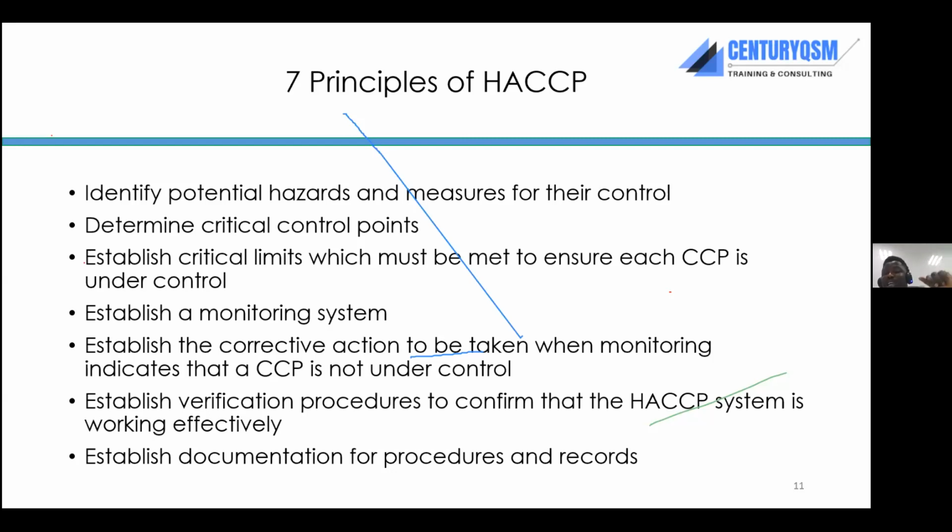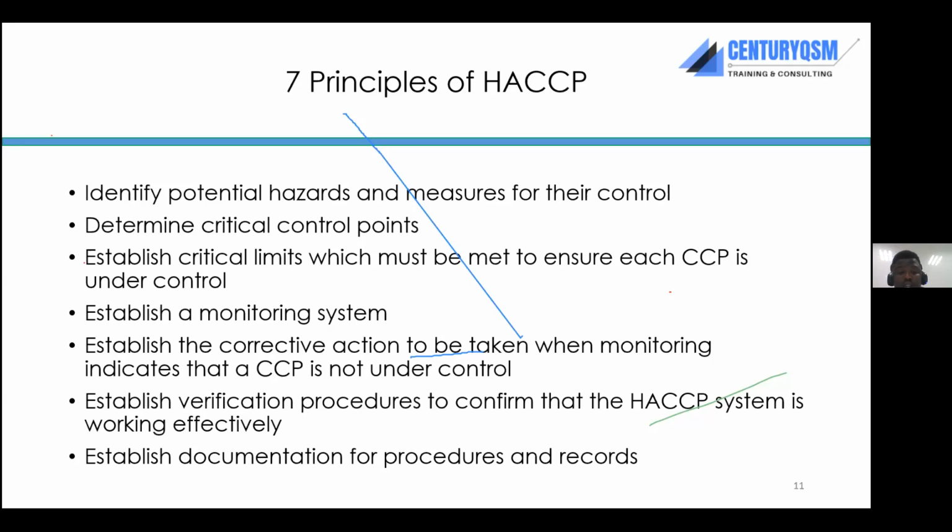Now, for biological hazard, the hazard that can happen there is, number one, introduction of salmonella. Because if your dumper goes to the toilet without washing his hand, the person can introduce salmonella into your finished product, into your sugar tank.